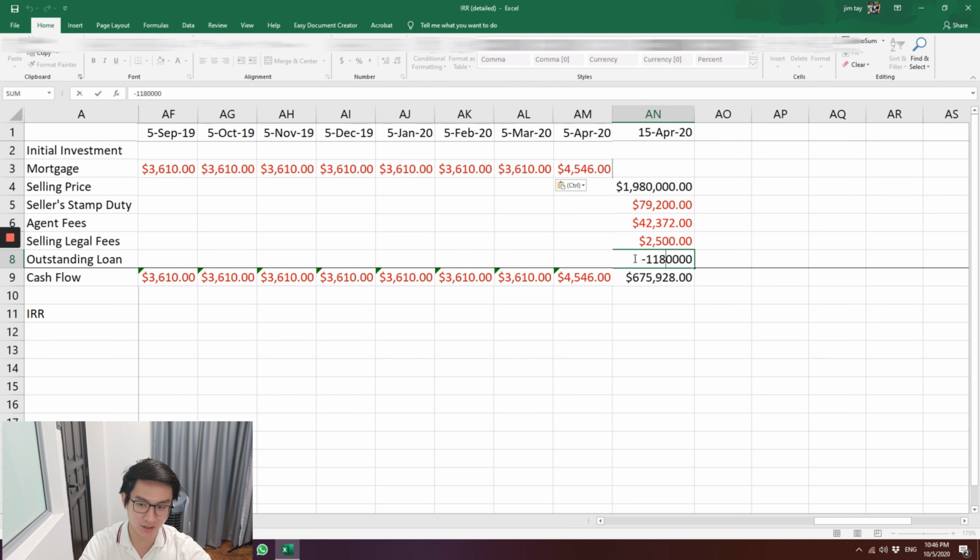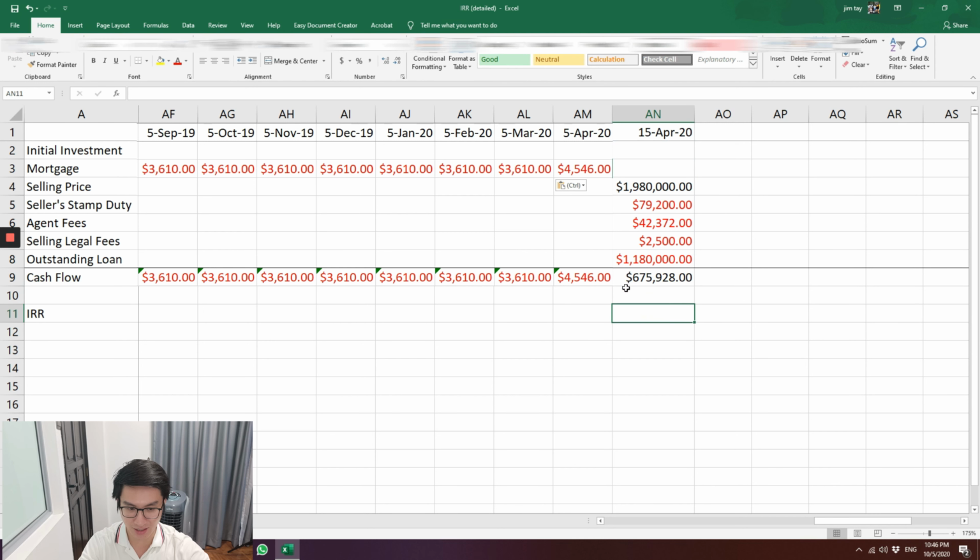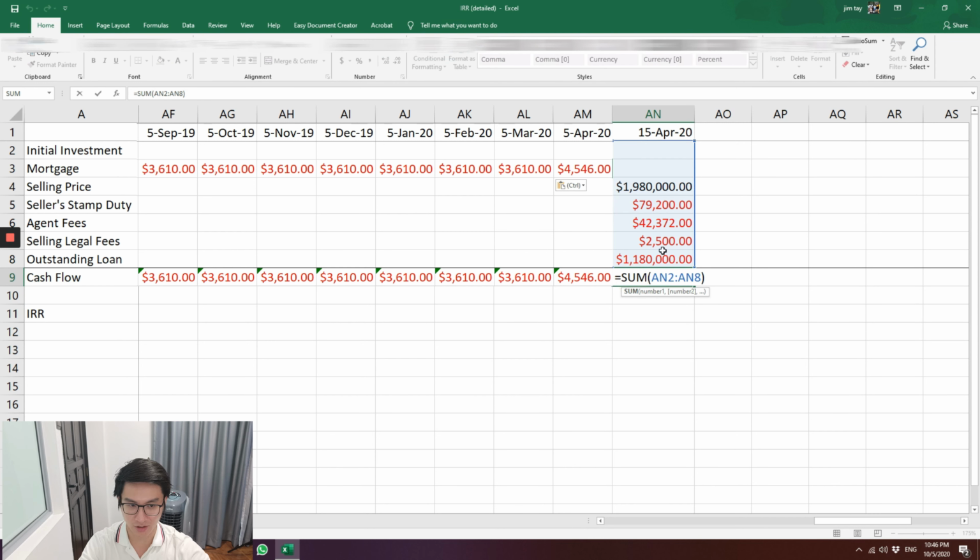This is a figure that requires a mortgage advisor's advice, and you can probably get it when you're applying for a loan or planning for your purchase from your banker. This, hence, is the net amount that you get from selling your property on 15th of April 2020. A figure of almost 676,000.